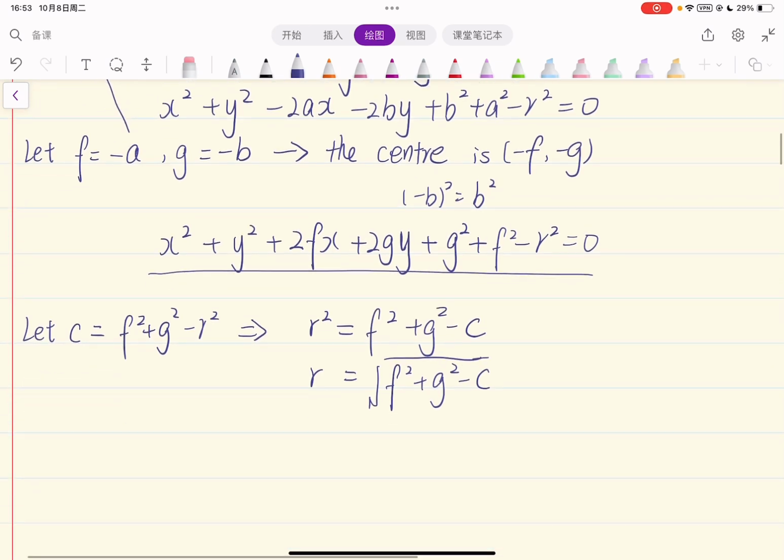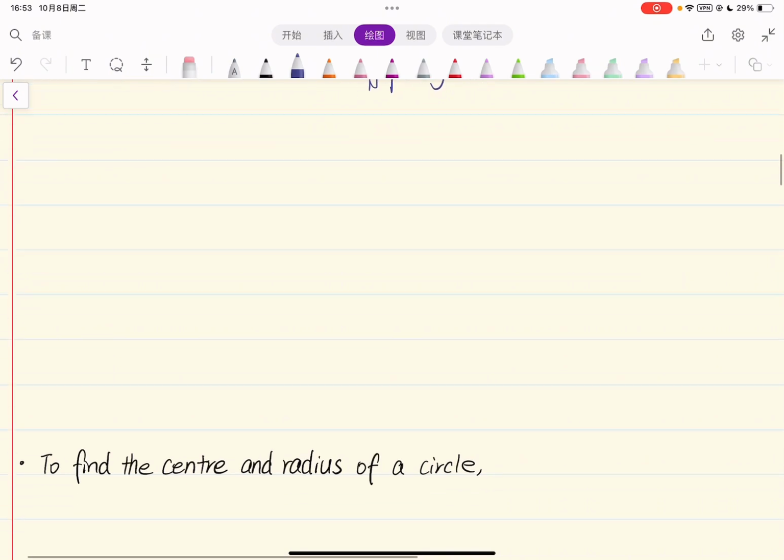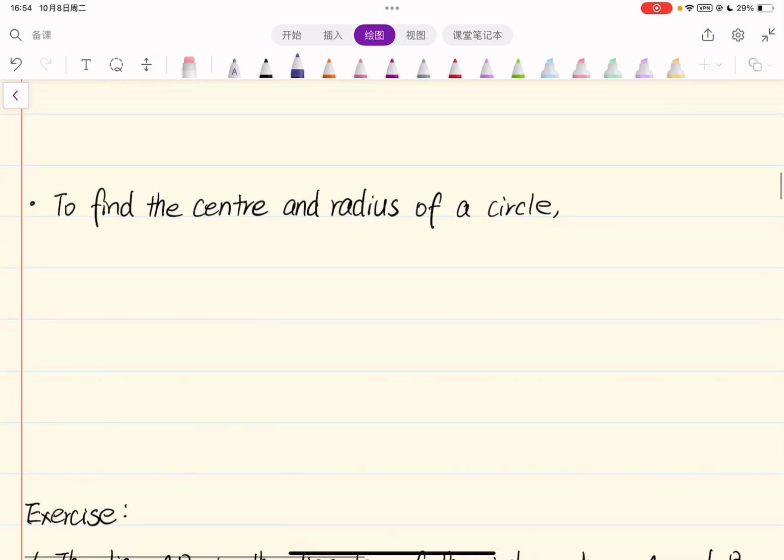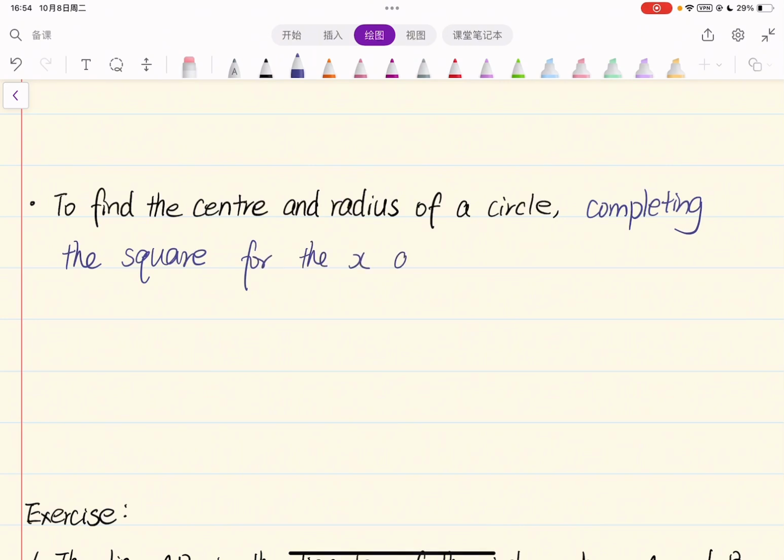To find the center and the radius of the circle, it's usual to complete the square for the x and the y terms.